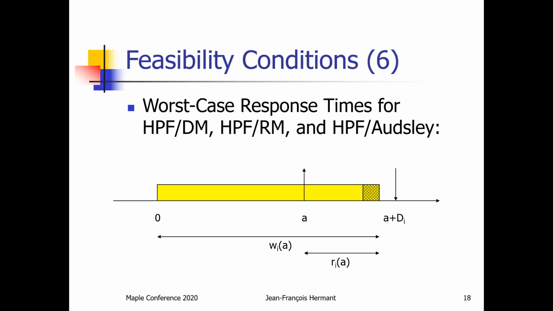Worst case response times for fixed priority scheduling algorithms are based on the computation of busy periods, which are periods of time during which the processor is busy scheduling tasks with a given priority.